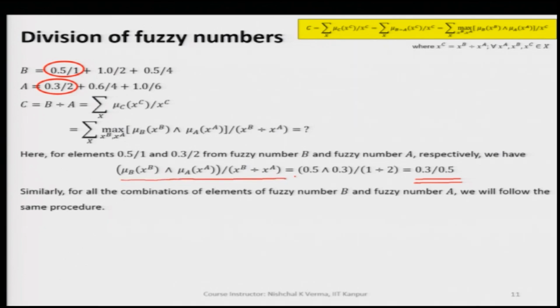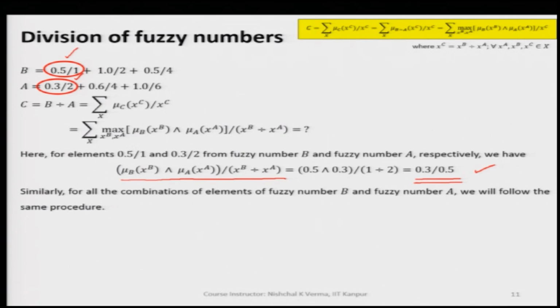We take the first element of fuzzy number B and the first element of fuzzy number A, and with this combination we get mu_B of x_B and mu_A of x_A and their corresponding generic variable values, and this way we get 0.3 by 0.5 as the first element, or I would say one of the elements, of the resultant fuzzy set C.